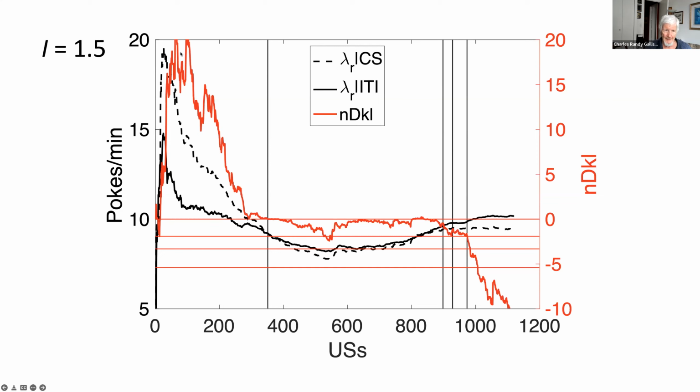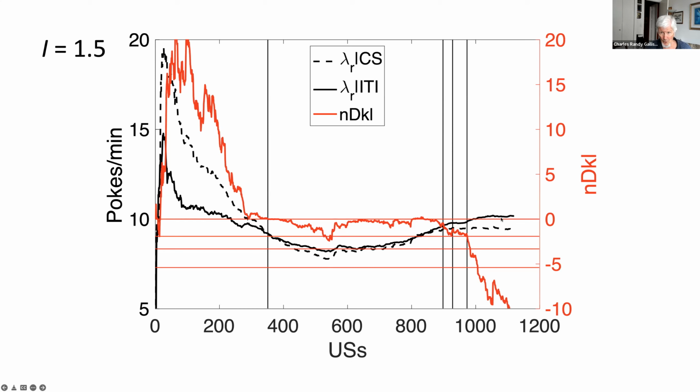That is, the red here is up to 20. So the evidence that this difference is real is astronomical. Keep in mind the p-value is 0.001 when we get here to the level of 5. Now, of course, that's not what we're looking for. We're looking for when it begins responding more rapidly during the ITI.